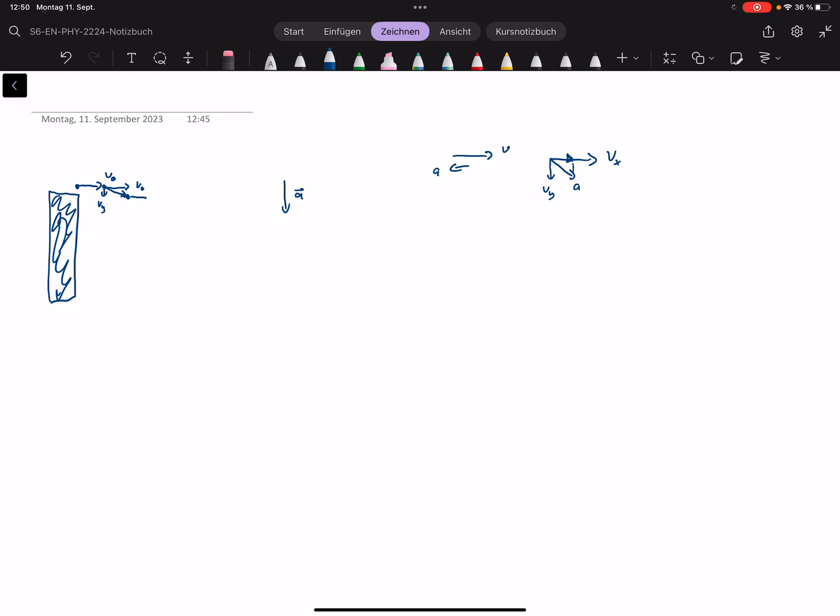Now, since we assume there is no other force acting in x direction, v0 is still the same. But since there is an acceleration downwards in y direction, this arrow will already be doubled. So the object will end up here after this interval.